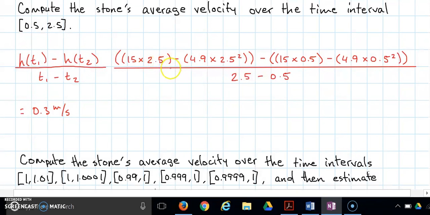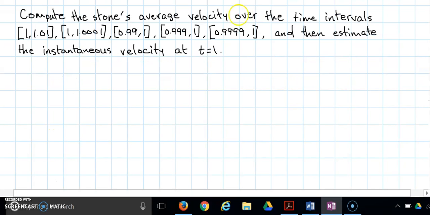So then our equation would be 15 multiplied by 2.5 minus 4.9 multiplied by 2.5 squared, minus 15 multiplied by 0.5 minus 4.9 multiplied by 0.5 squared, all divided by 2.5 minus 0.5, which should give us 0.3 meters per second. This example is part B of the question we did previously.